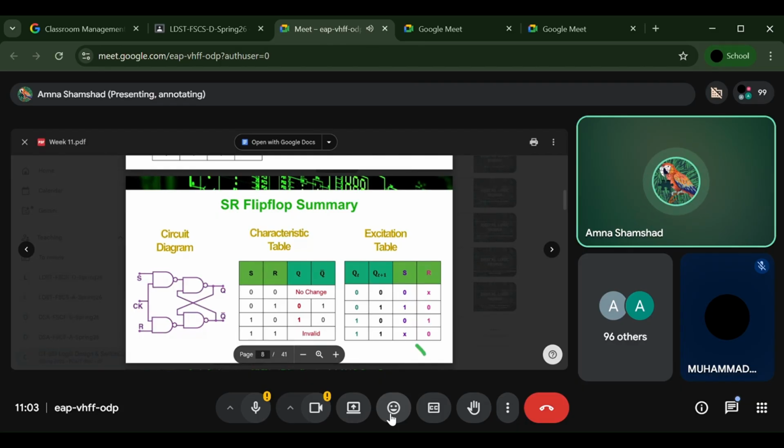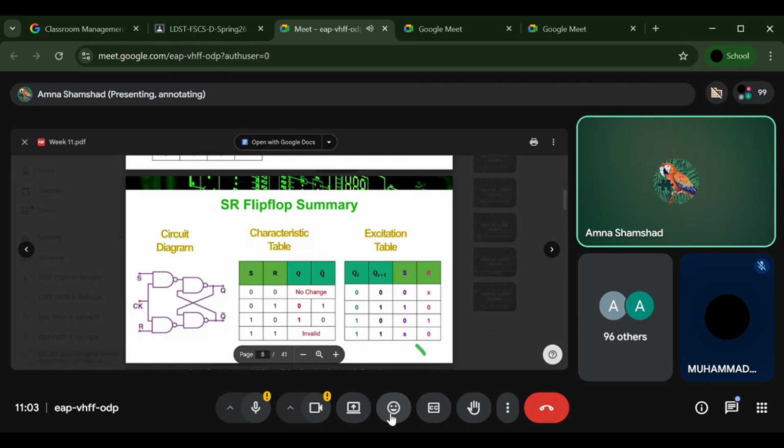The next is what we will call a cross-coupled combination. Cross-coupled means the output of one is the input to the next, and the output of the second is the input to the first.